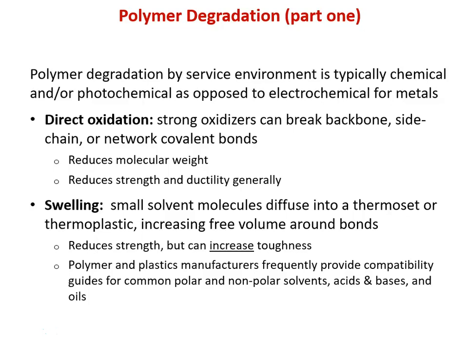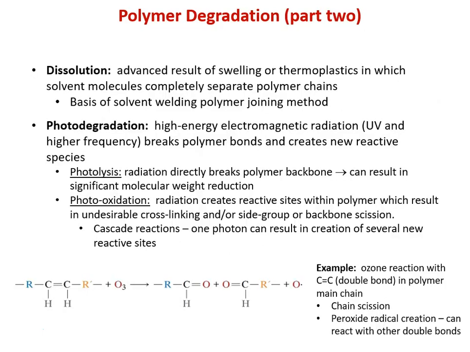Things like hexavalent chrome, ferric chloride, and species like that are powerful oxidizers that can actually start breaking your primary bonds in your strong polymers. So that can be an issue. Speaking of which, you can get that outside.